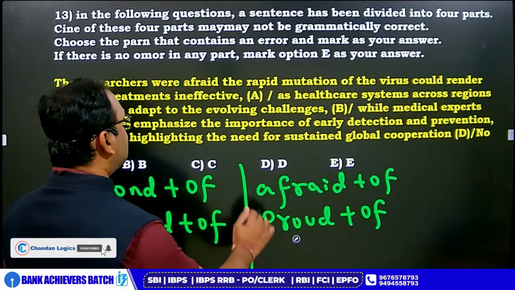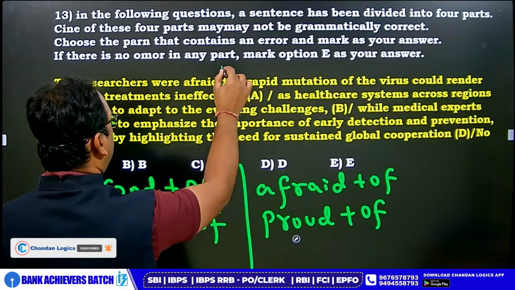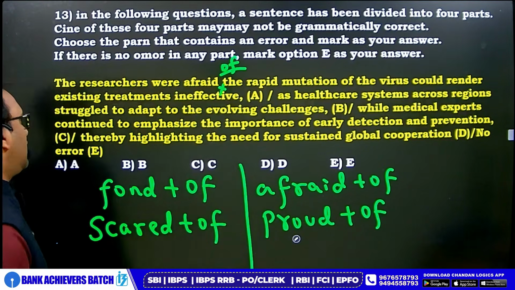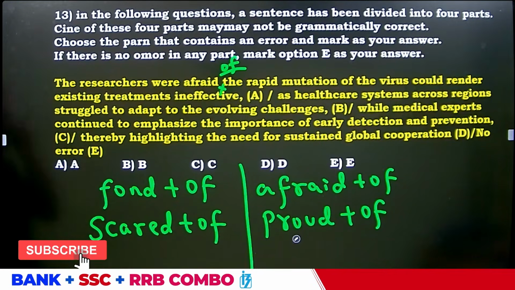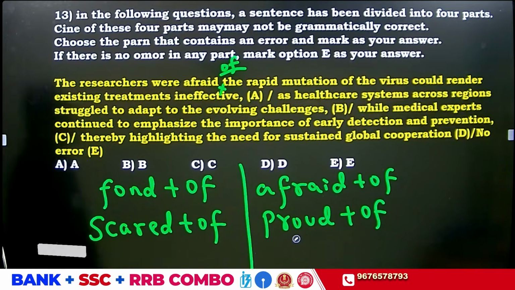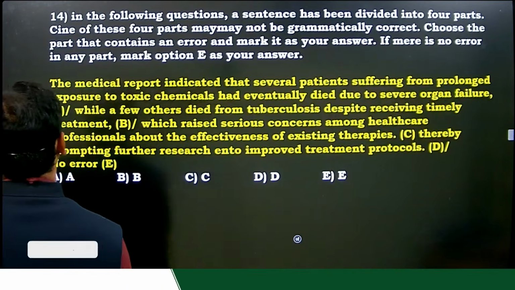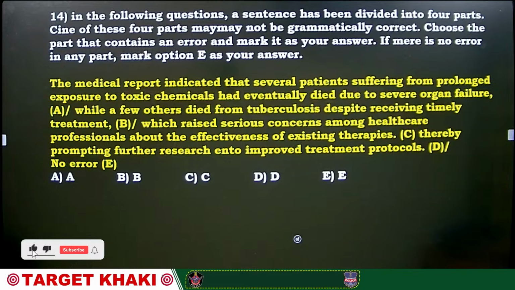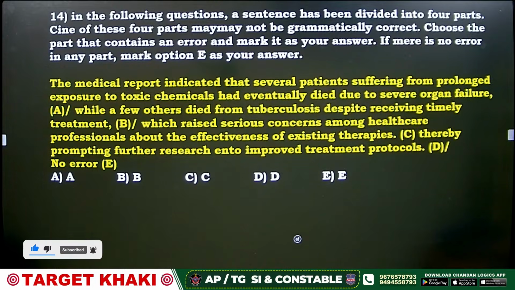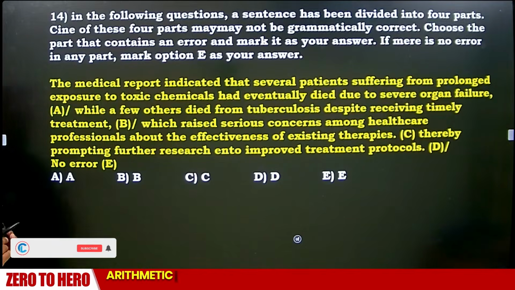So whenever we say afraid, we must use the preposition of. Don't you think so? The researchers were afraid of. Easy question? Okay.